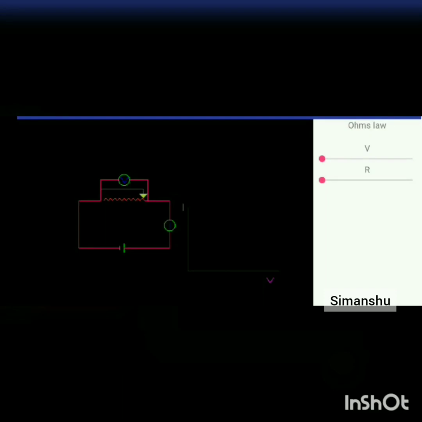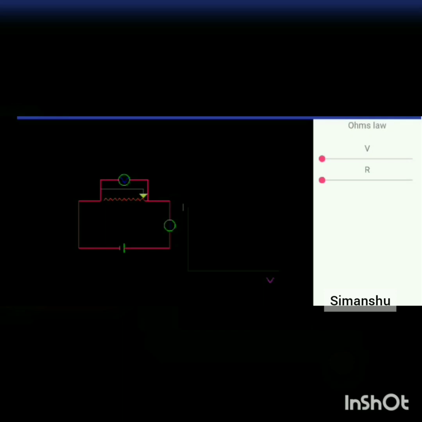Here on your screen you can see the setup of a circuit. This circuit has a voltmeter and an ammeter in it. Where V is written, that is the voltmeter. Where I is written in blue ink, that is the ammeter. And there is a zigzag wire with an arrow head.